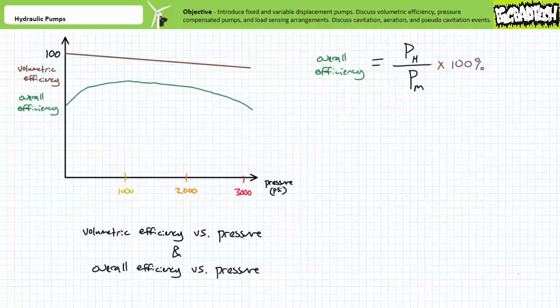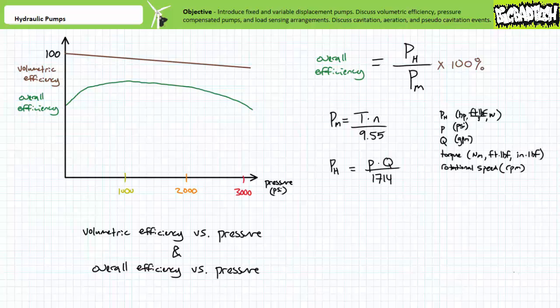Pump overall efficiency can also be plotted at different pressure requirements, sometimes in the same graph. Overall efficiency takes into account the larger picture, of which volumetric efficiency is only a part. Overall efficiency is how much mechanical power, in terms of torque and rotational speed, is actually converted into hydraulic power in terms of pressure and flow rate.